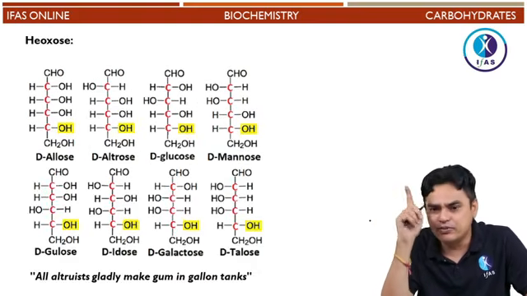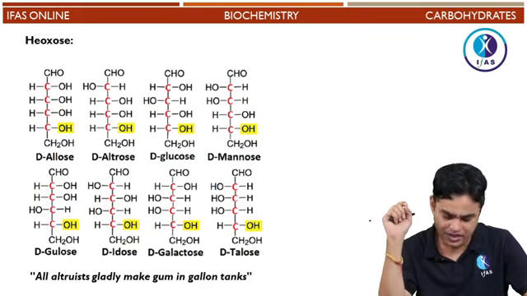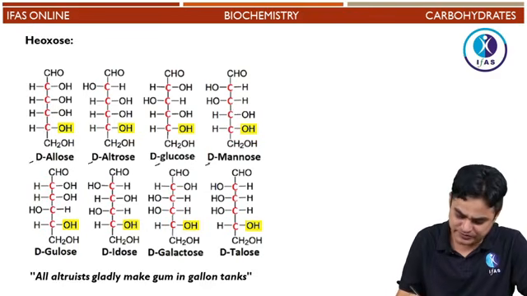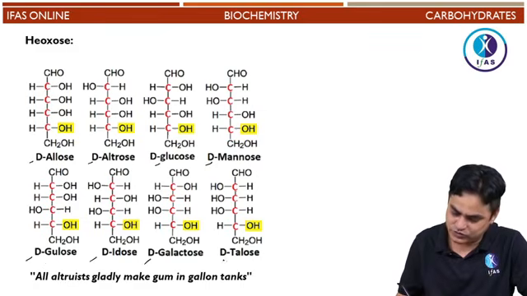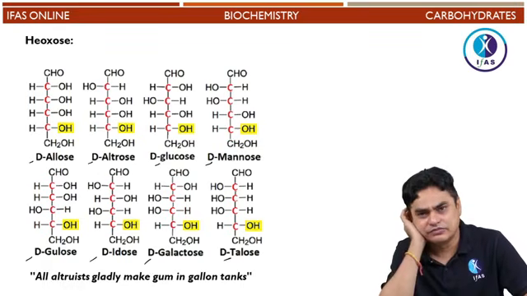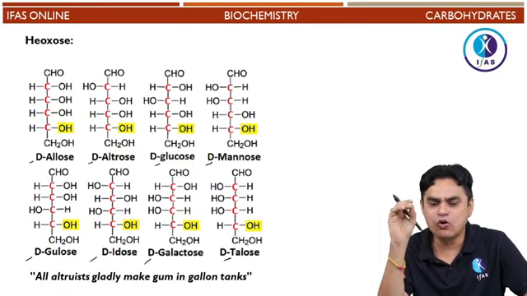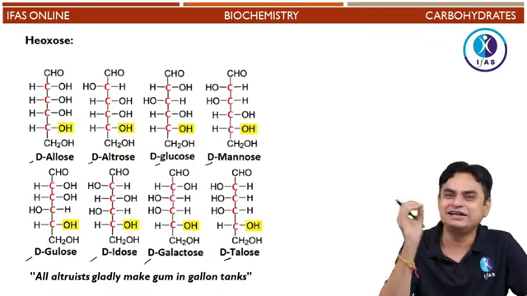Now the important hexoses are allose, altrose, glucose, mannose, gulose, idose, galactose and talose. You can remember them using the mnemonic: All altruists gladly make gum in gallon tanks.